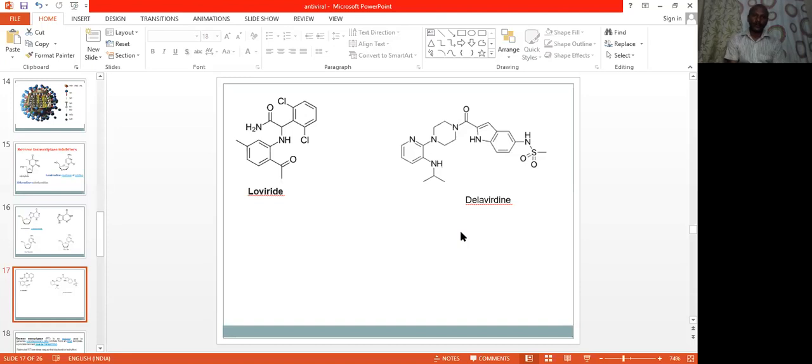And these two drugs, nevirapine and delavirdine, are non-nucleotide reverse transcriptase inhibitors. You take down these two structures, and when you have finished, you just tell me. Raise your hand when you finish that.